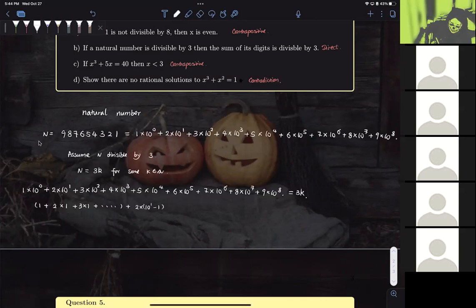That's going to be divisible by 3, plus 3 times 10 to the 2 minus 1. That's divisible by 3 as well, plus 4 times 10 to the 3 minus 1, and so on. So you know that those are all divisible by 3. In fact, all of those.